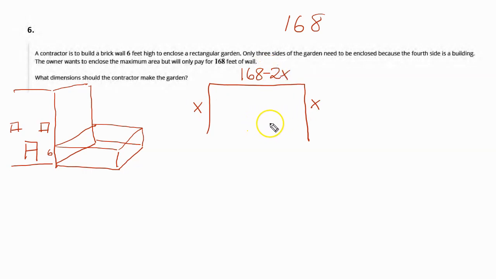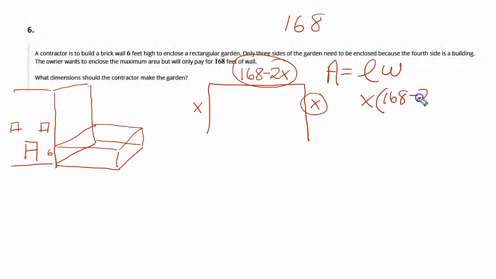Now, to find area, we only need to do area equals length times width. So we need just one of these times this. So that's what we're going to do. We're going to say x times 168 minus 2x.